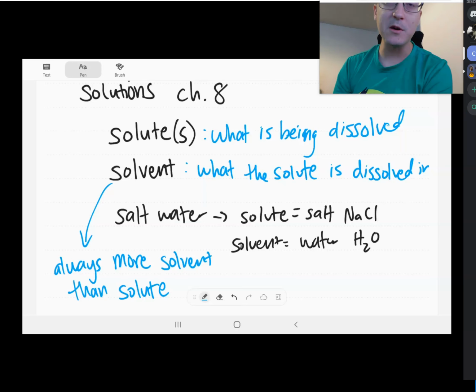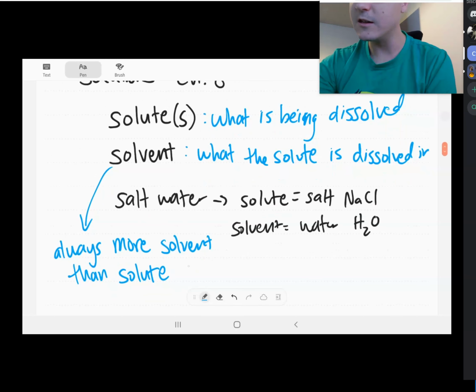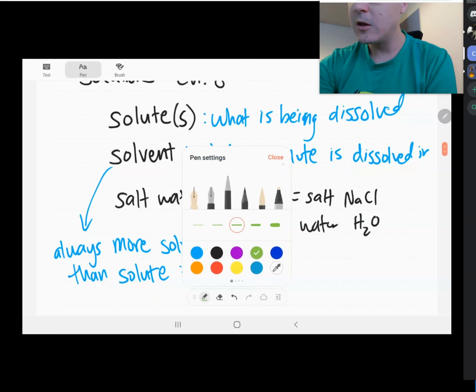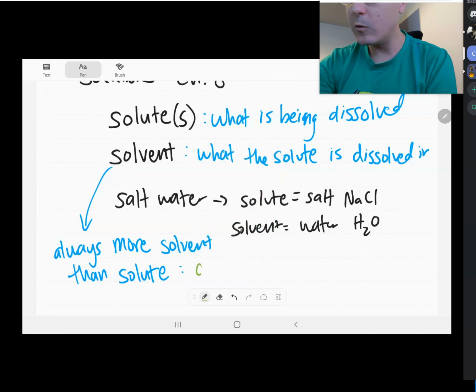the sugar is going to be your solute. You're going to have water again as your solvent, and you're also going to have all those compounds in the tea that are also going to be solutes. So you can have as many solutes as you want, but you can only have one solvent per solution.